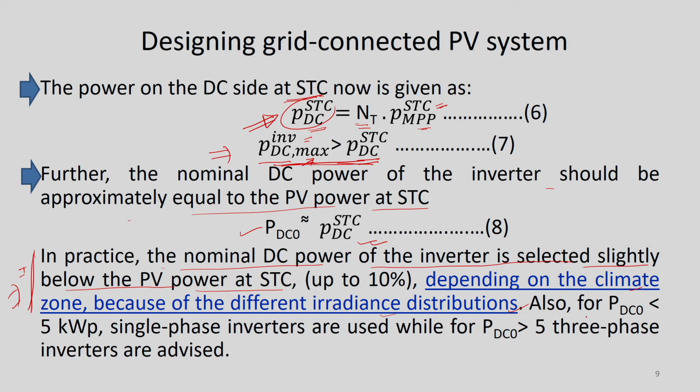Also, if PDC at nominal condition is less than 5 kilowatt peak, then single phase inverters are used, while if it is more than 5 kilowatt peak, 3 phase inverters are advised. So, this kind of design methodology we have to adopt for designing a system.